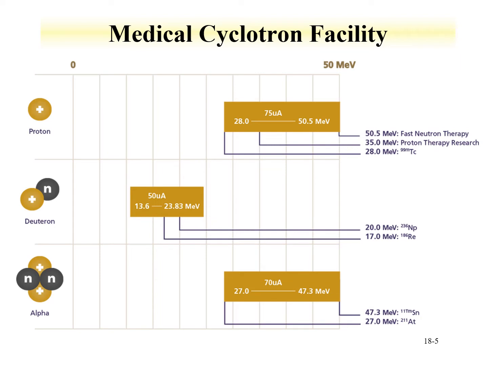A number of other isotopes can be produced at the UW Medical Cyclotron facility. The cyclotron has the capability of accelerating different particles, alpha particles as we discussed for the astatine-211. One can also produce tin isotopes for medical applications.